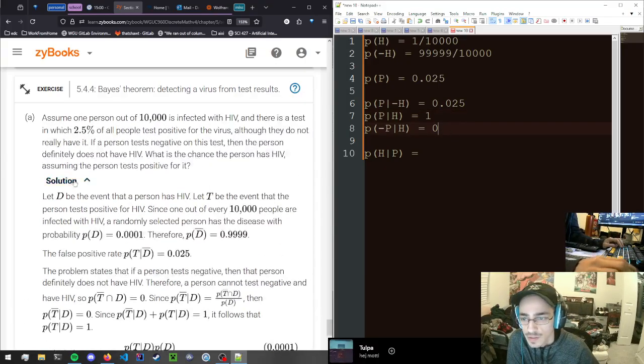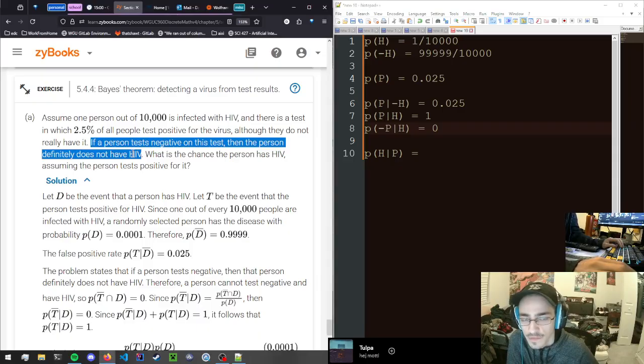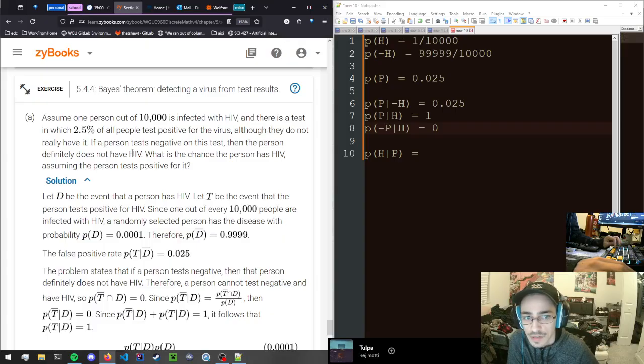Okay, so let's read this again. So they say if a person tests negative, then they definitely don't have it. Oh, cool. That's what this means. So if they test negative, the probability of them having the disease is 0. But I somehow wrote it backwards.